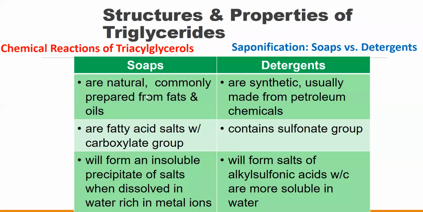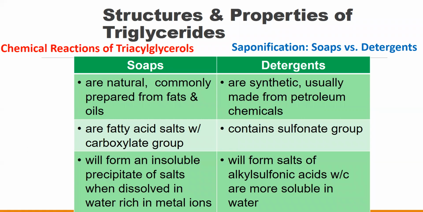For soap, although it is natural, comes from fats and oils, and is actually good for the skin, the only disadvantage is that it will form an insoluble precipitate of salts when dissolved in water rich in metal ions, like hard water.